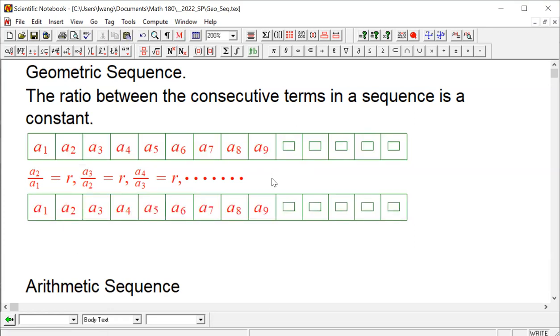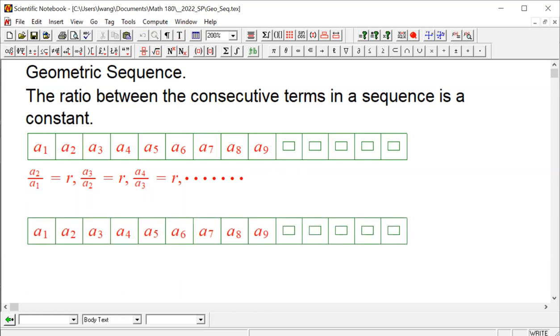So what that means is that if we take the first term, to get to the second term, from this expression, let's see what we get. If we multiply both sides by a sub 1, we get a sub 2 equals a sub 1 multiplied by r.